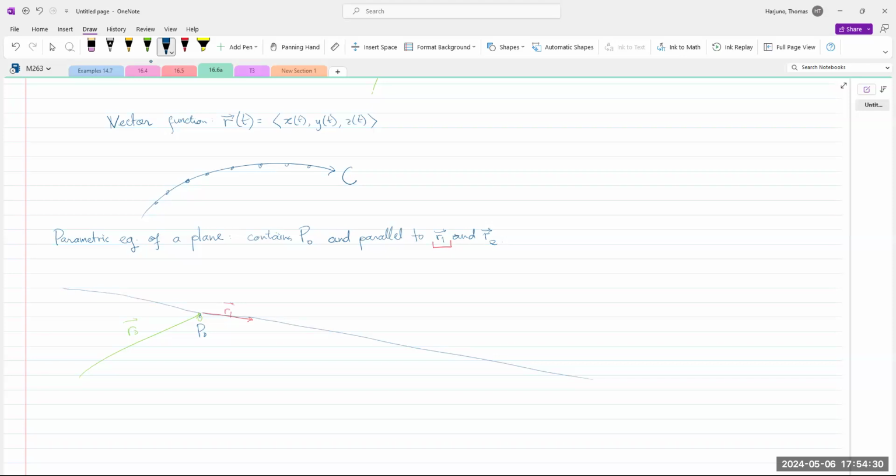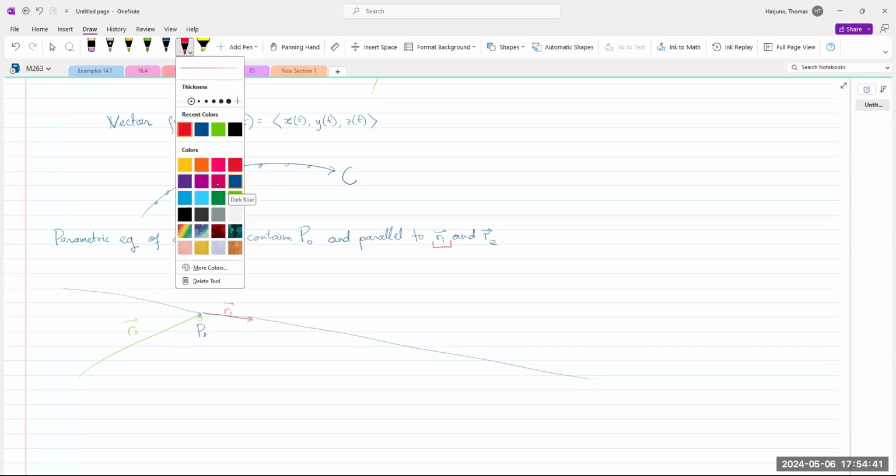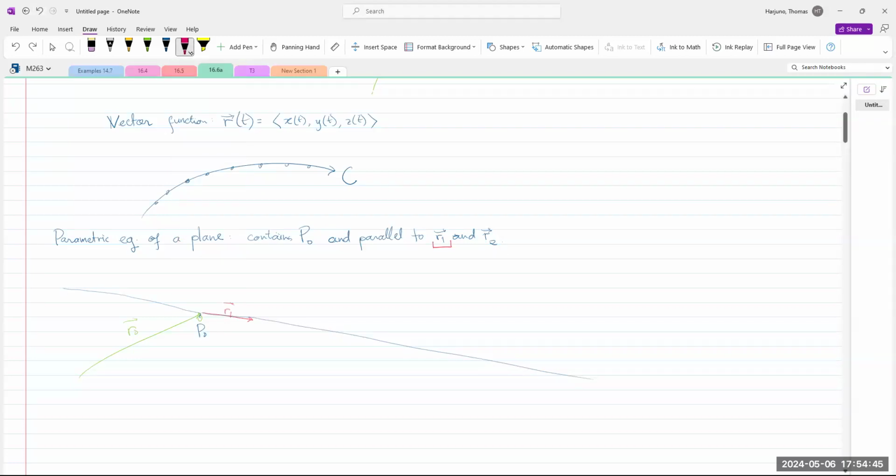If your t is negative, then it goes backward. But at the same time, it is also parallel to r2.